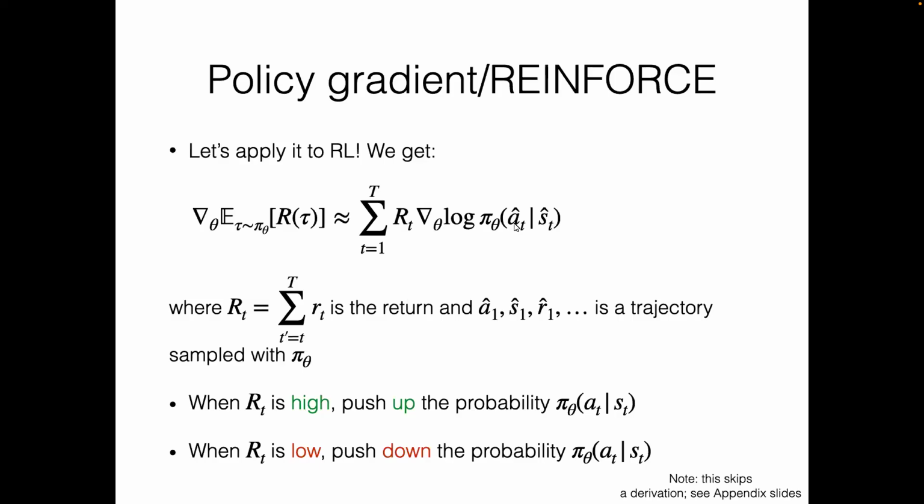And you could see that it actually looks kind of similar to maximum likelihood. Here, if we ignore the reward, then we basically have the log probability of the next action. And if you remember when we were talking about language models, the next action is the next token. So in fact, maximum likelihood is a special case of this procedure.